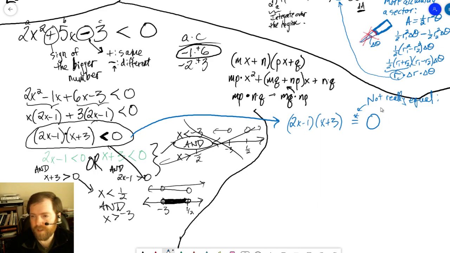What we need to do is find the border points between the prospective solution regions.